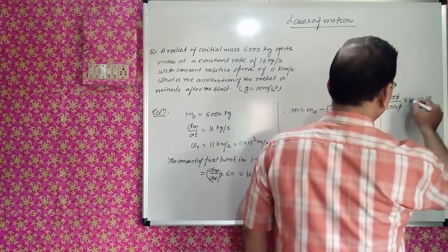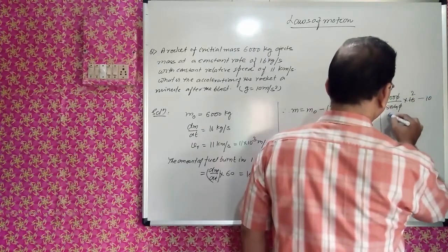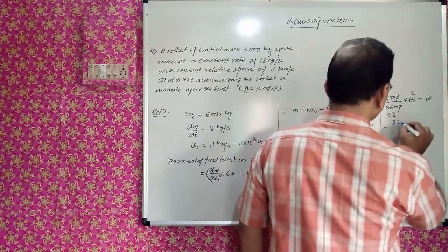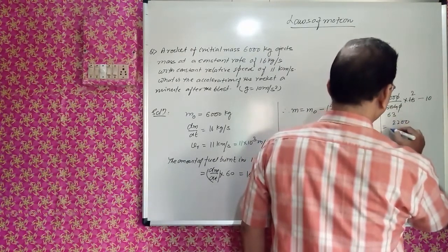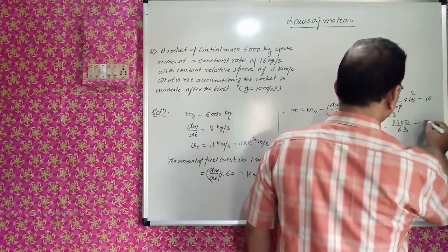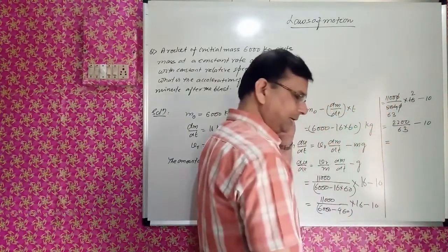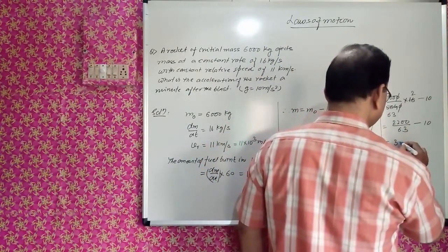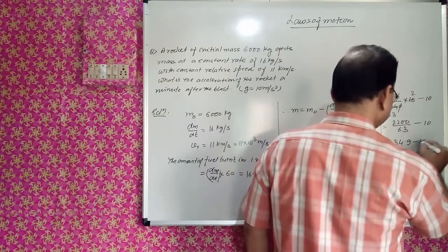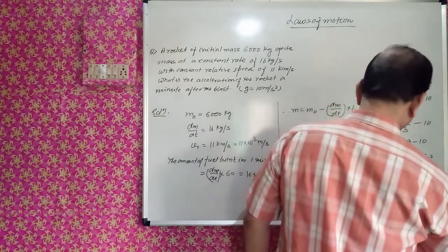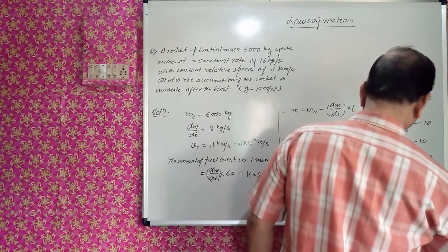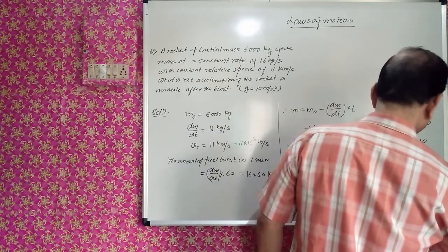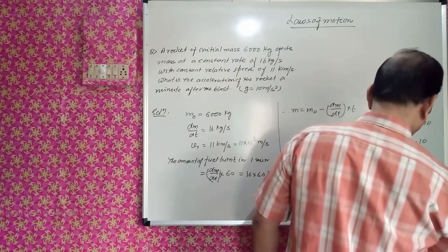This 0 will go, that is equal to 2200 upon 63 minus 10, that is 34.9 minus 10. Therefore, dV upon dt is equal to 24.9 meters per second square, and this is the answer.